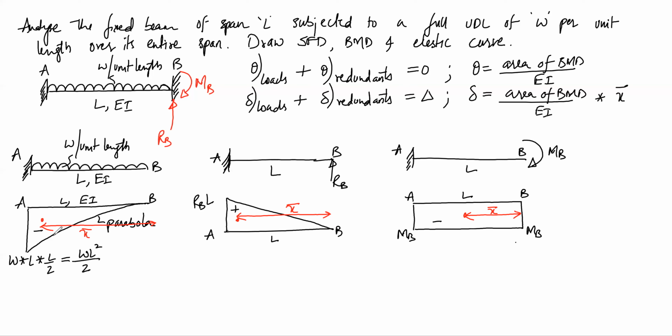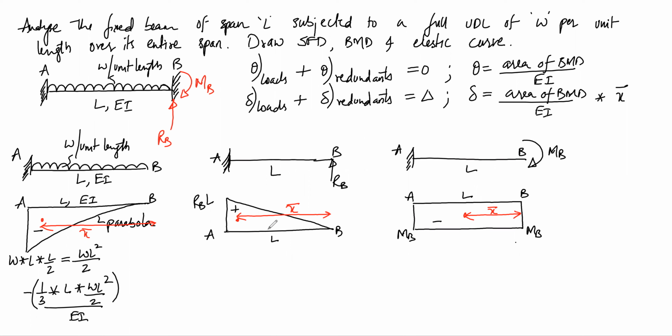So for the first BMD, the area of BMD will be minus half, sorry, this is parabolic variation, so it will be minus 1/3 base into height divided by EI.